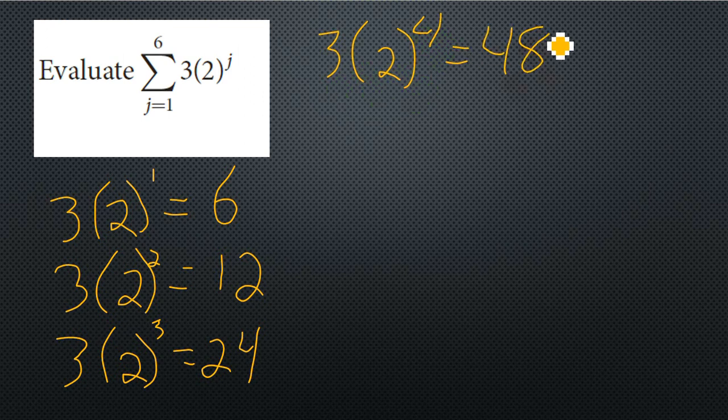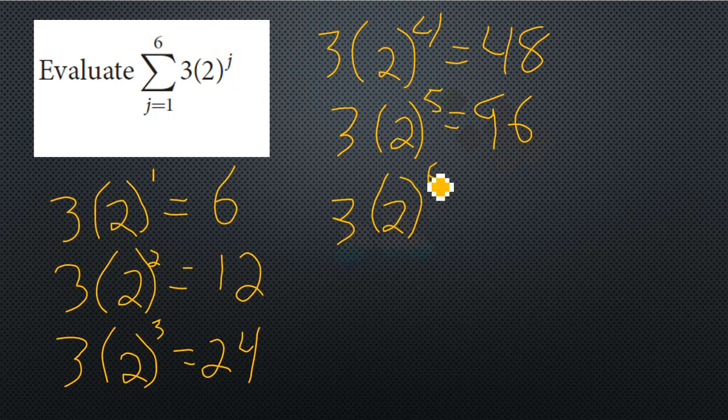That's going to equal 48. We've got to plug in 2 more numbers here. We've got 3 times 2 to the fifth. That's going to equal 96. And we have 3 times 2 to the sixth. Okay, and this one's going to equal 192.